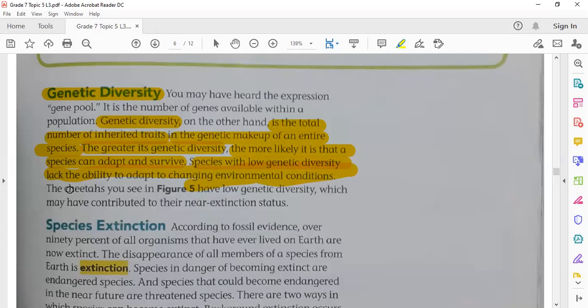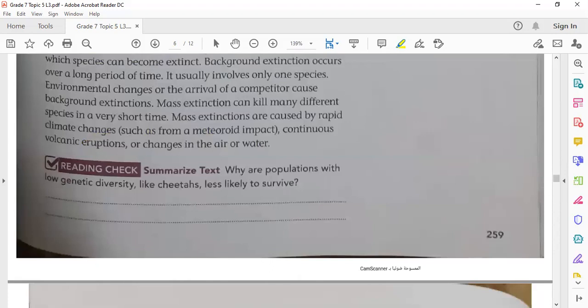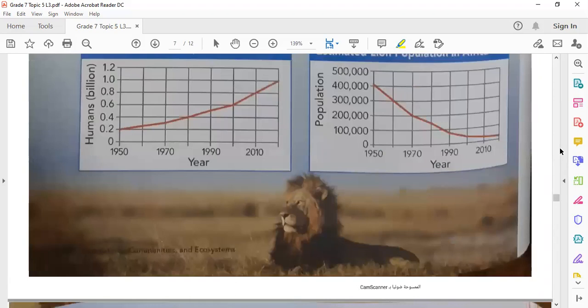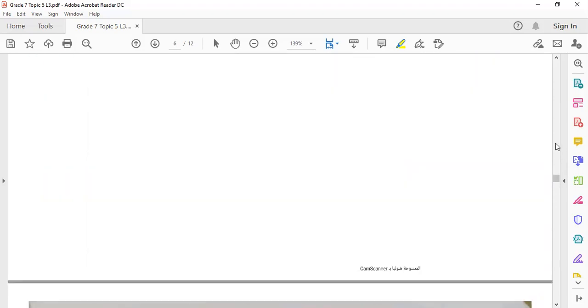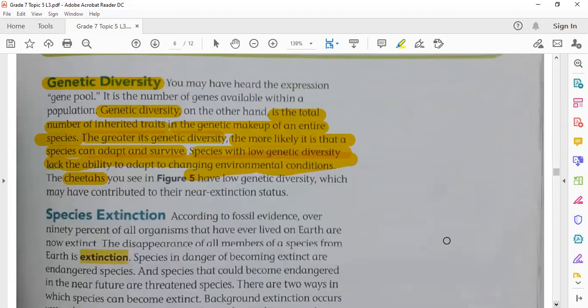For example, look at the cheetahs. Look at these organisms, the cheetahs. They have a low genetic diversity, which may have contributed to their near extinction status.